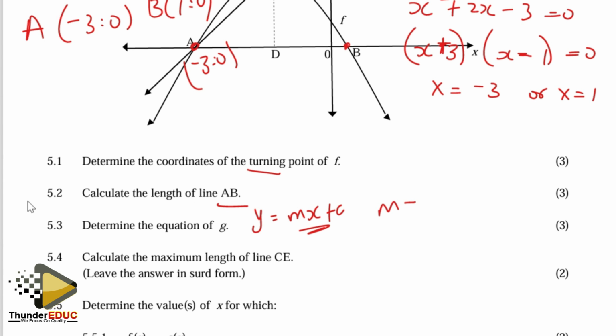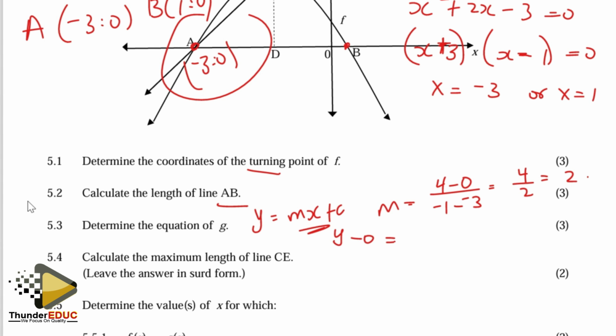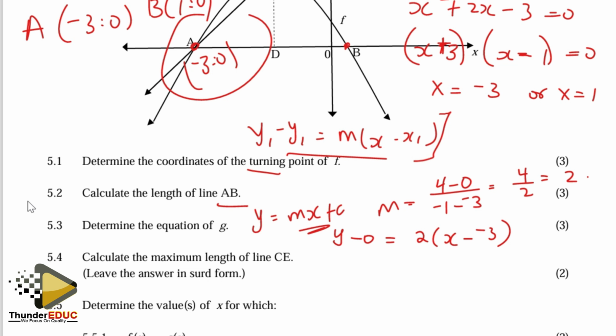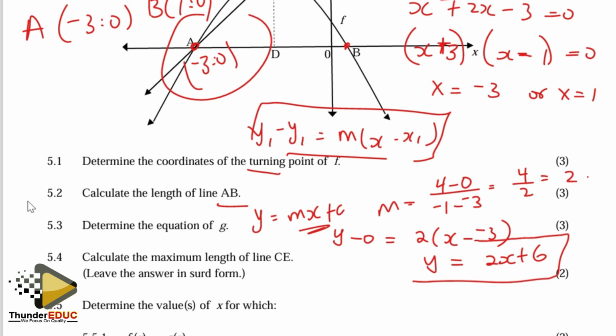So my gradient is going to be 4 minus 0 over -1 minus -3, which is 4 over 2, which is 2. Then I can use this point and say y minus 0 is equal to 2 into x minus -3. Remember the equation y minus y1 is equal to m into x minus x1. This is the equation that I'm using. So make y the subject. It's going to be 2x plus 6. So this becomes my equation of interest.